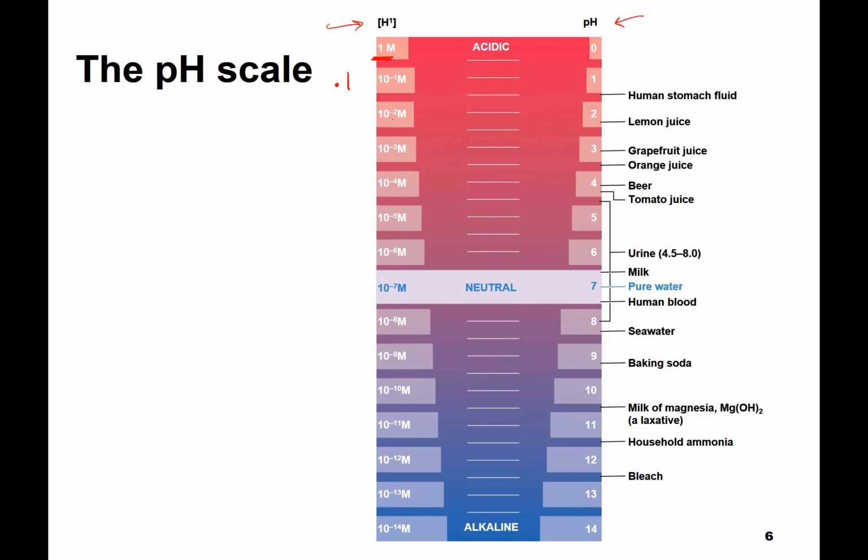And a pH of 2 means you have 0.01 molar. And you see how we're decreasing the amount of hydrogen ions? These numbers are getting smaller and smaller and smaller.